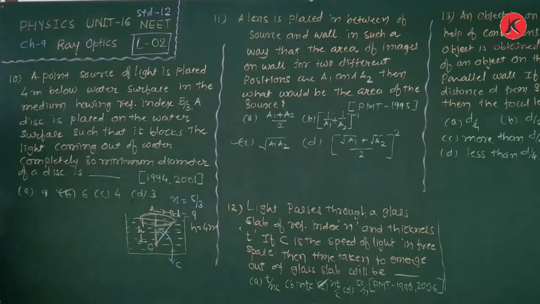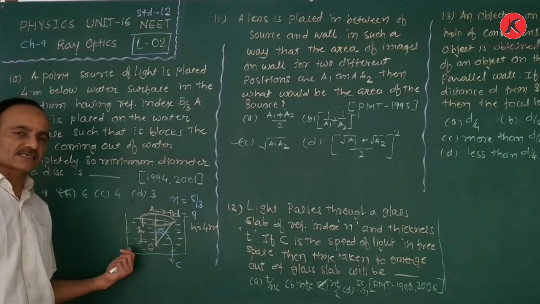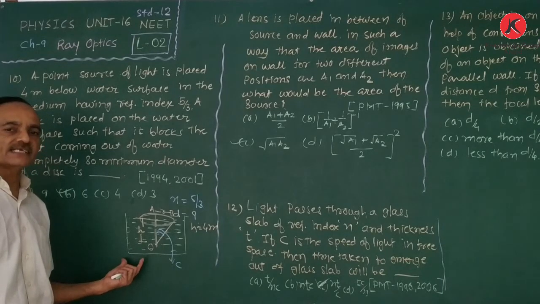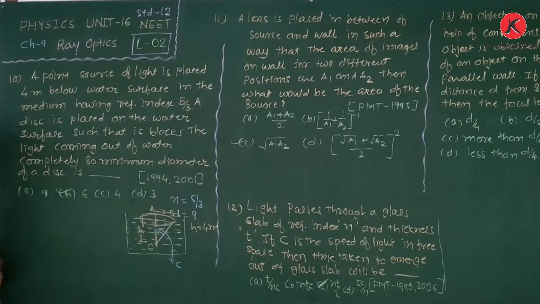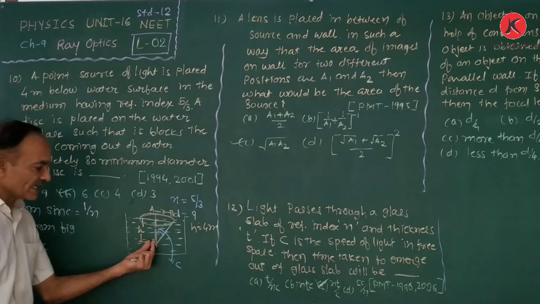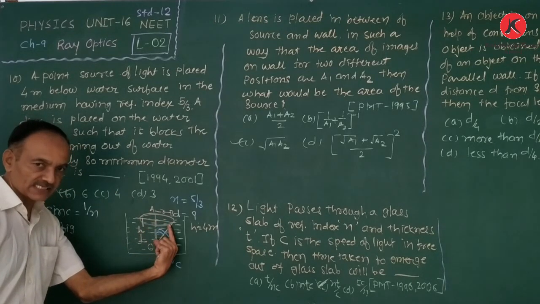Clear? Okay. Now, for total internal reflection we derived the equation sin C is equal to 1 upon n, right or not? Therefore, using this equation, sin C is equal to 1 upon n, and from the figure, for this right angle triangle OAB, sin C is equal to opposite upon hypotenuse, right?